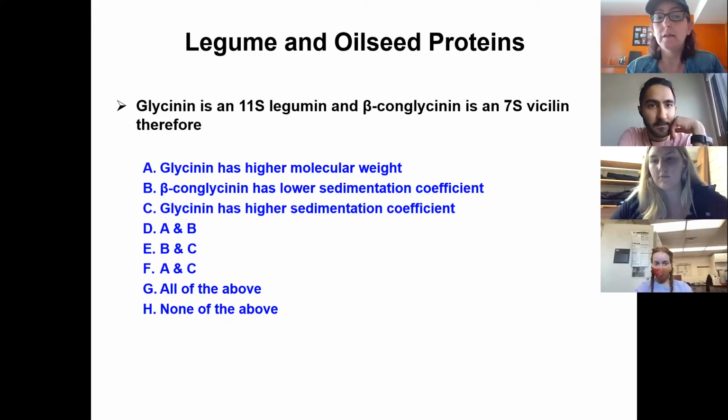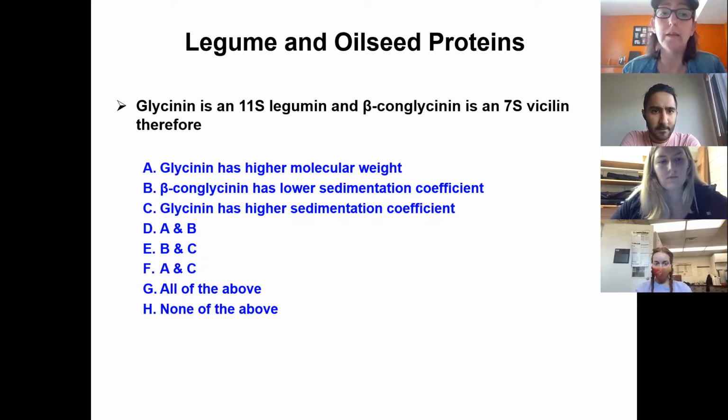The 11S is the legumin fraction of the legume protein, and 7S is the vicilin fraction of the legume protein. So have you thought about, if you've seen it before, do you know if glycinin, well, legumin, let me call glycinin legumin, has higher molecular weight?